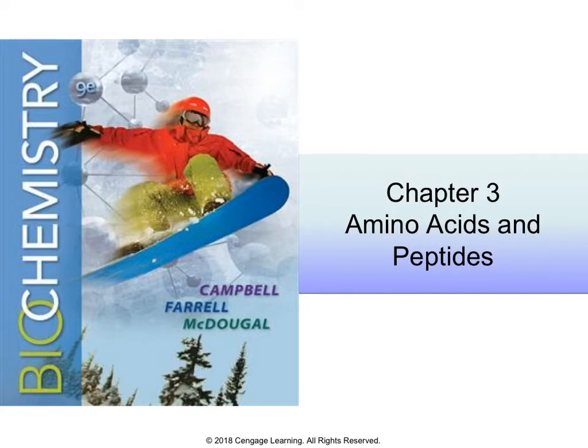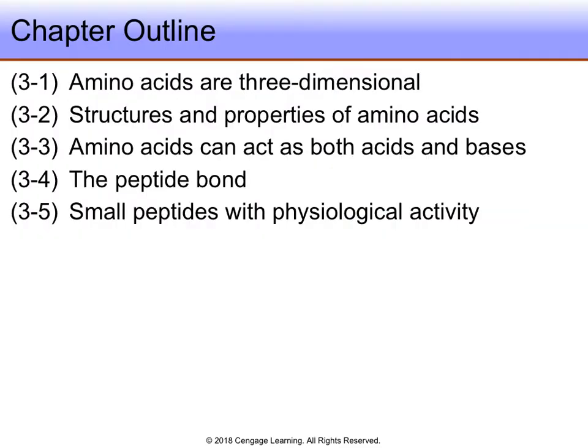So what we're going to do now is spend some time thinking about amino acids and their various characteristics. We'll start off by talking about how amino acids are three-dimensional structures. They aren't just plain flat XY molecules, but have an X, Y, and Z dimension to them. And I'll explain how that is.